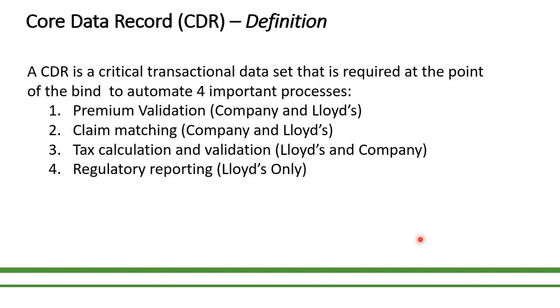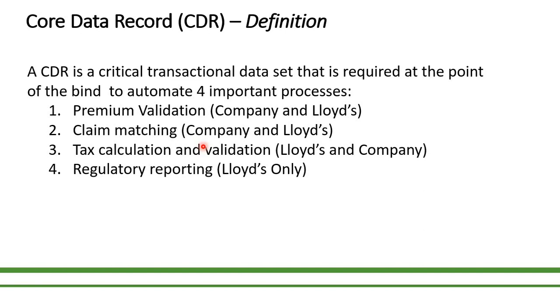Alright. First things first, what is a clear-cut definition of CDR? A CDR is a critical transactional data set that is required at the point of bind to automate four important processes: premium validation for company and Lloyd's, claims matching for company and Lloyd's, tax calculations and validations, and regulatory reporting.